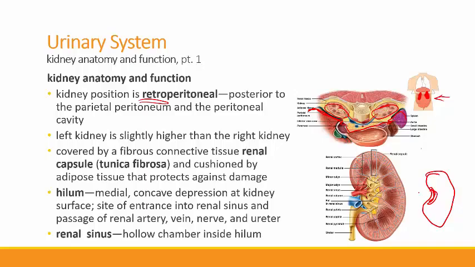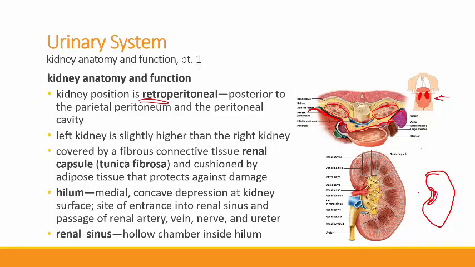So the hilum is positioned medial. It's a concave depression at the kidney surface, but it's also the place where we see the renal artery supplying blood to the kidneys, the renal vein taking that blood supply away, where the ureter collects the urine and then exits the kidney, and it's also the spot where a nerve can travel into the kidney as well.